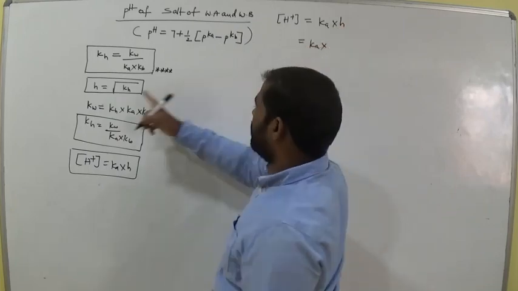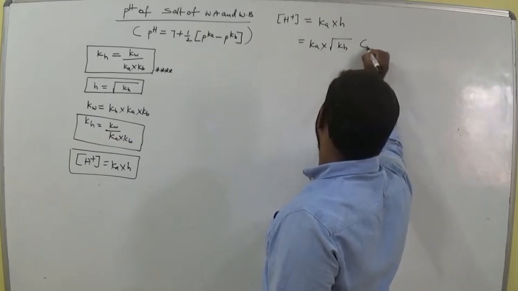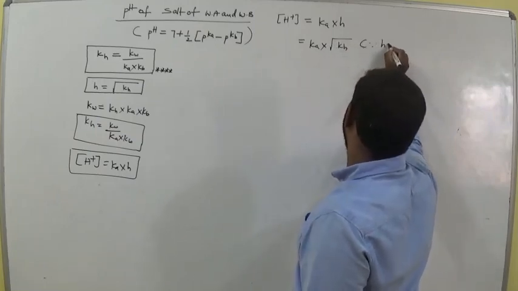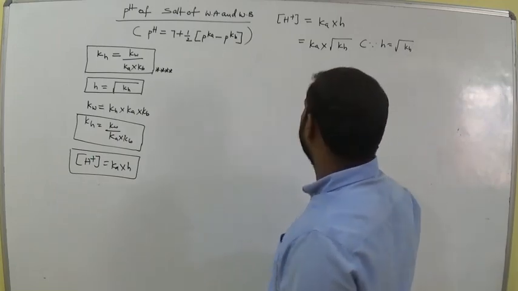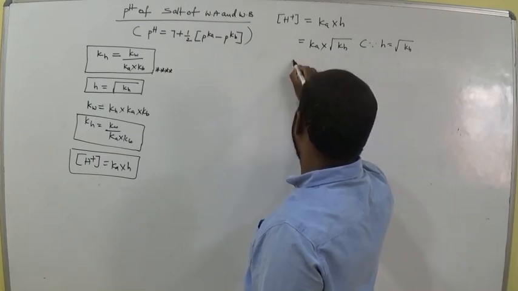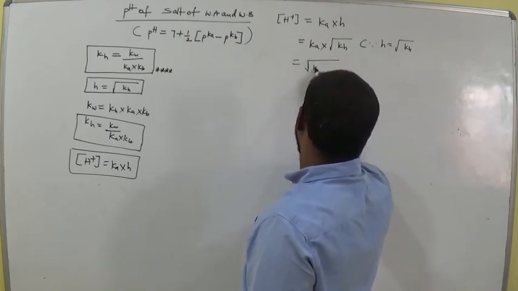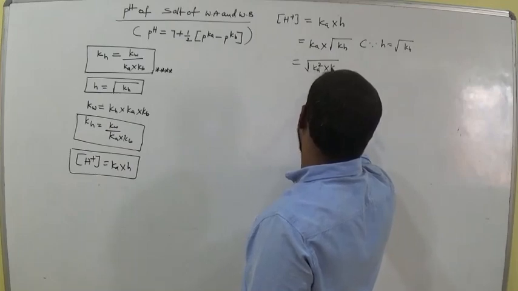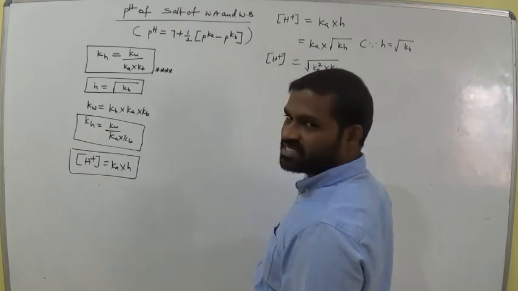What is the value of Kh here? Clear? Now, can I write this expression as the square root of Ka squared into Kh? This is the H plus ion concentration, am I right?